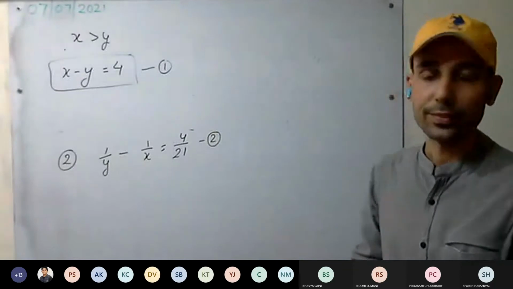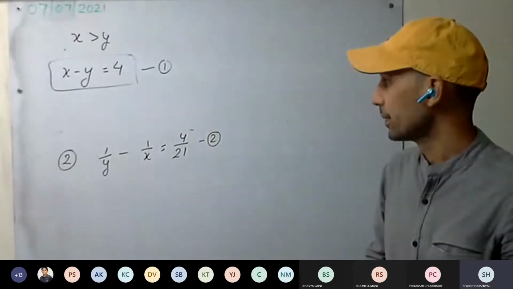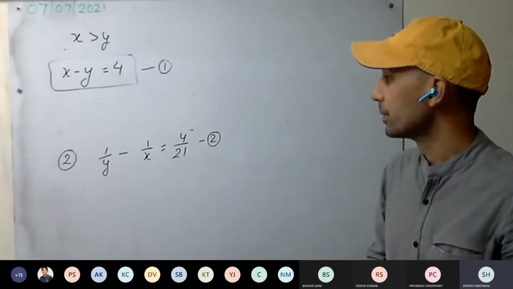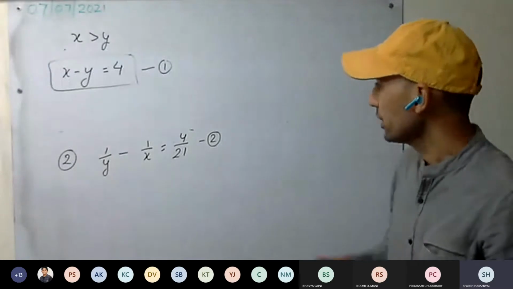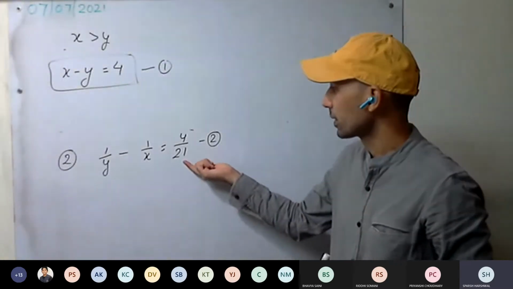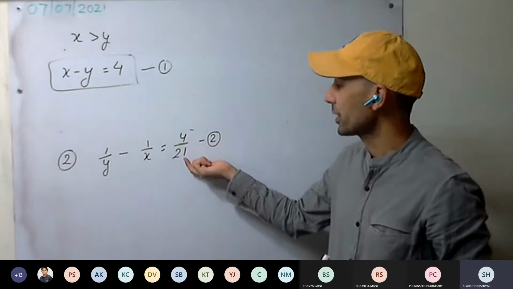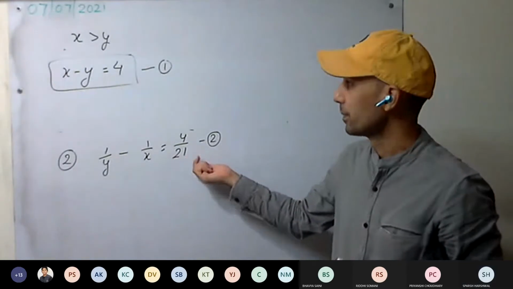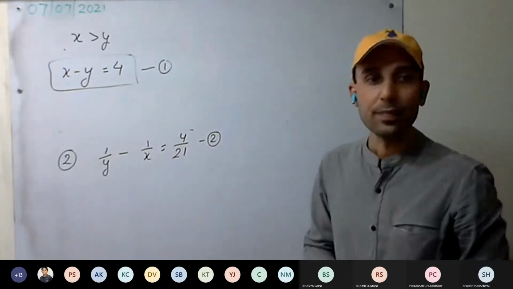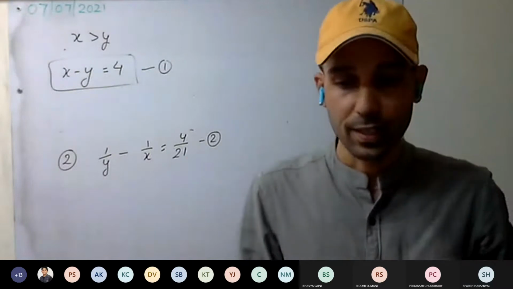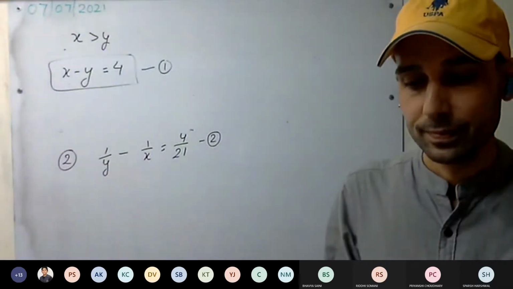How are you going to solve? Sir, we can take 21 as denominator. 21 as denominator? It is in denominator here. It is in denominator only. How are we going to solve?